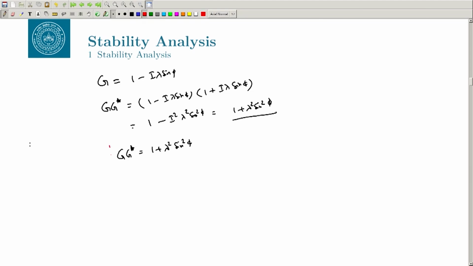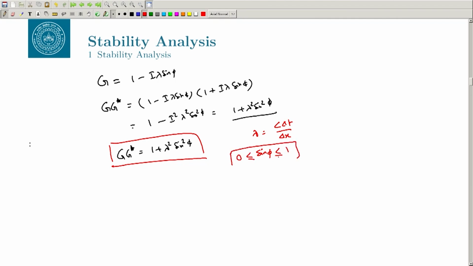Now, look at this closely. Lambda is a positive number, lambda is c delta t by delta x, right. So, c is the speed of sound, which is positive. And we have delta t, which is the time discretization, delta x which is the space discretization, and sin phi is basically between 0 to 1, right.